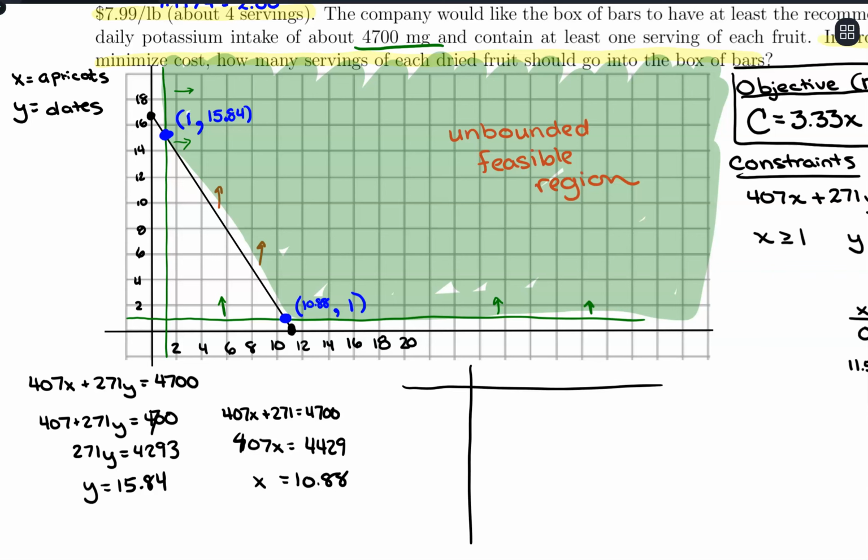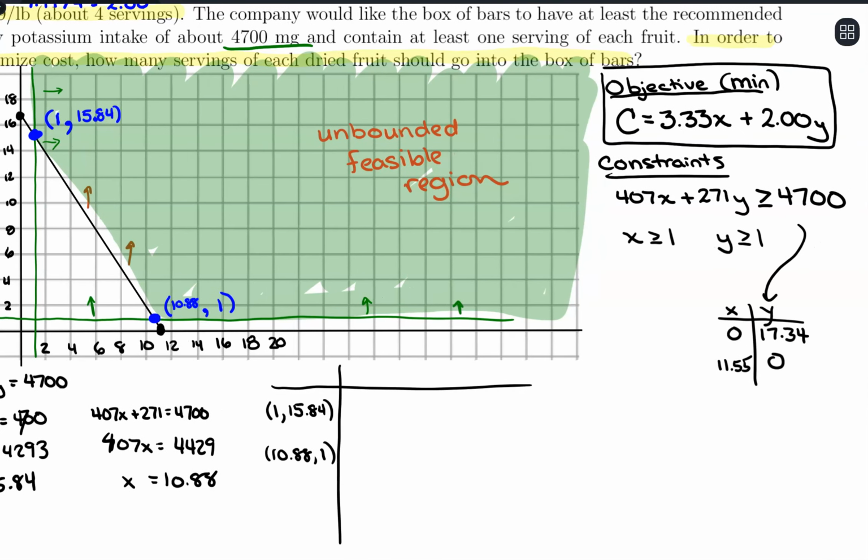So now we're going to see what the solution is. We have one of the corners is 1, 15.84, and we have 10.88, 1. And we want to minimize the cost equals 3.33x plus 2y. So for our first corner, we're going to take 3.33 times 1 plus 2 times 15.84.